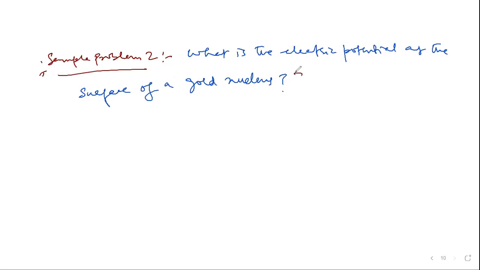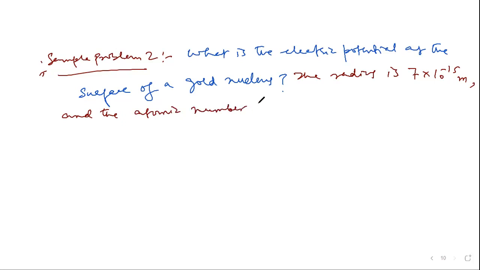The radius is 7 into 10 raised power minus 15 meter, and the atomic number Z is 79. I repeat the question. What is the electric potential at the surface of a gold nucleus? The radius is given 7 into 10 raised power minus 15 meter, and the atomic number Z is 79.